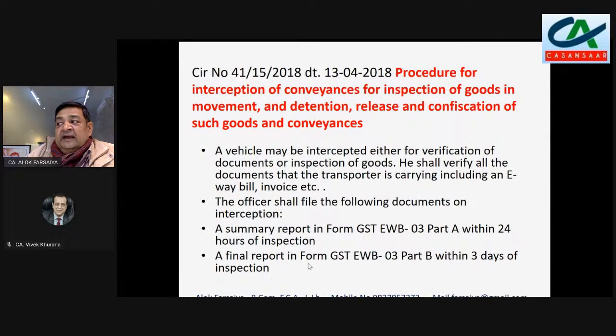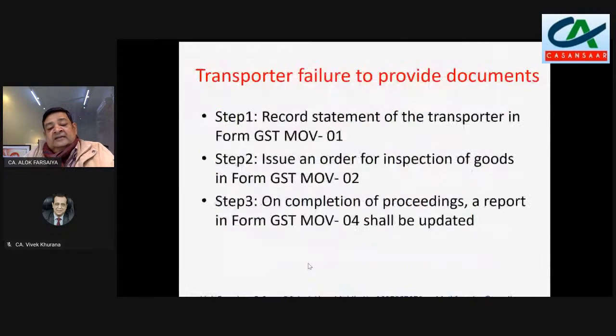And if they find any discrepancy, that is one part. Another part is: if the transporter is not able to provide sufficient documents or they find any error in the documents, they record the statement of the transporter. Why?